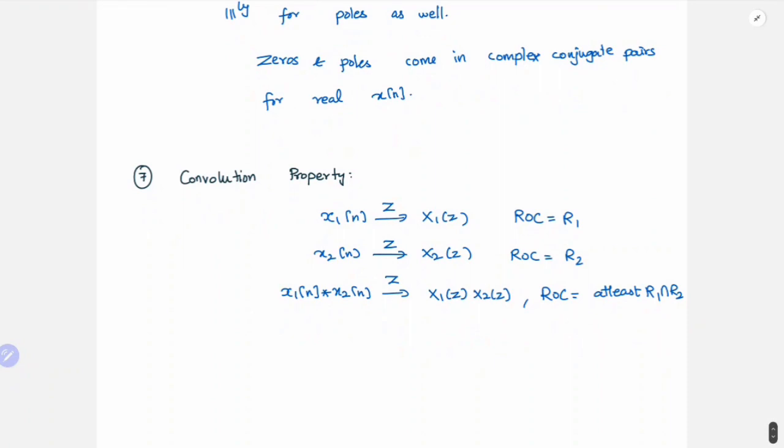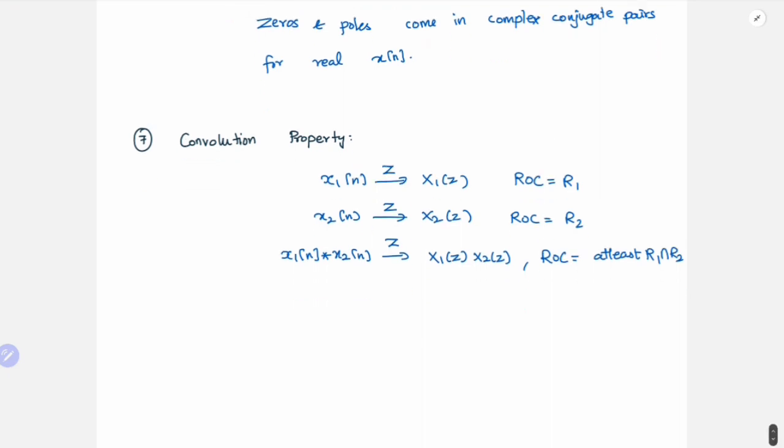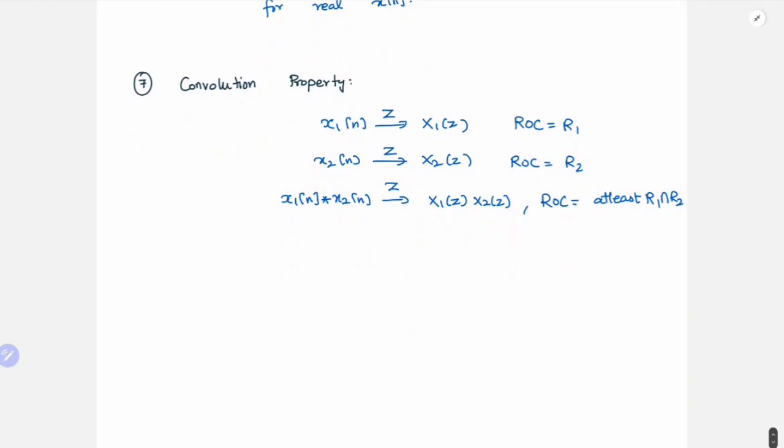This convolution property is straightforward. The derivation is similar to what we did in the discrete time Fourier transform case, so I'm not deriving it again here, I'm just stating it.